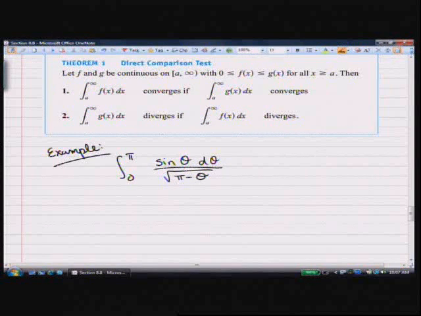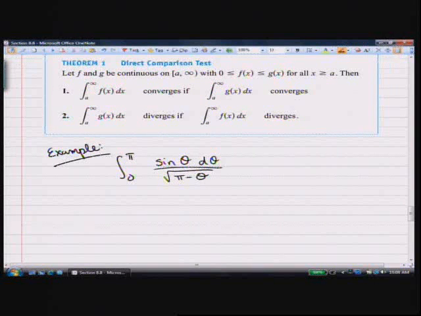You have to do quite a bit of thinking on this problem, but in the end, we want to compare this to the function 1 over the square root of x. If we could compare it to 1 over square root of x between 0 and pi, we know that function converges, and we could probably say that this function between 0 and pi is going to be less than 1 over the square root of x.